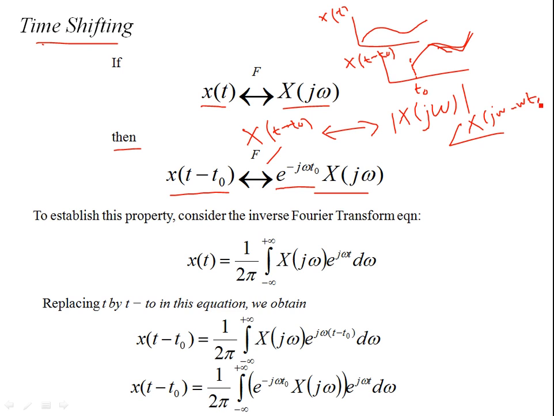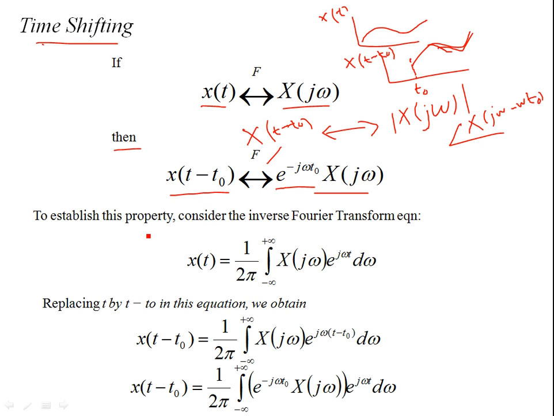This is the phase that this exponential is contributing. The phase is minus omega t naught, which is going to be added in the phase response. Other than that, the magnitude stays the same, which means the strengths of the harmonics constituting the signal are no different. The power is going to stay the same.